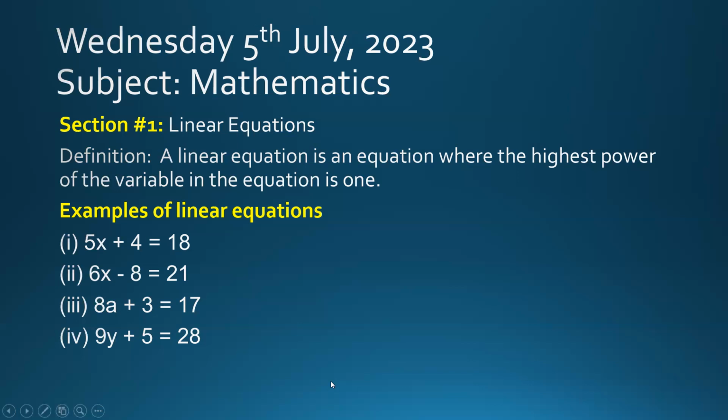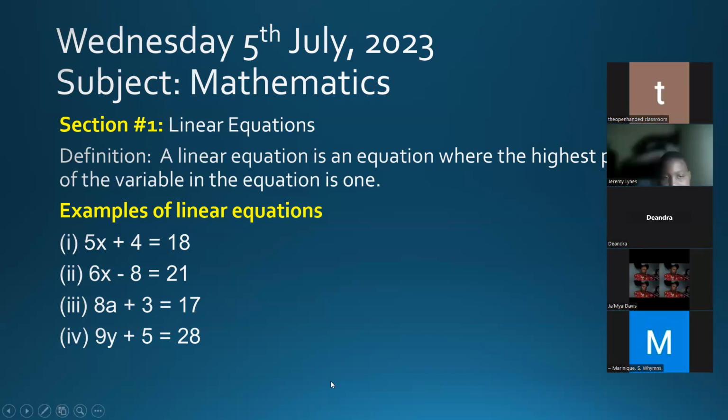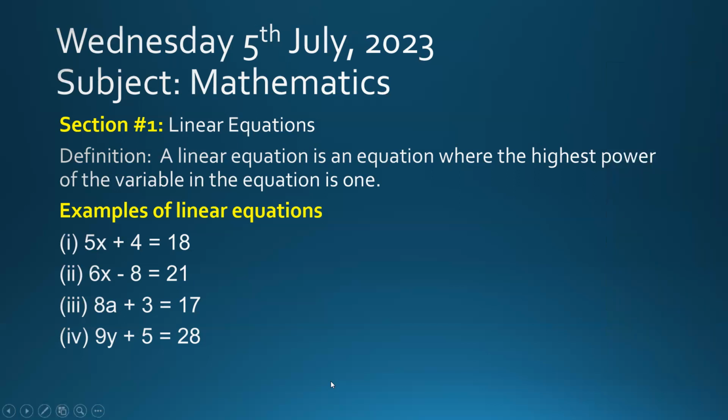And so let's say we have this equation. We have 8x minus 5 equals to 27.